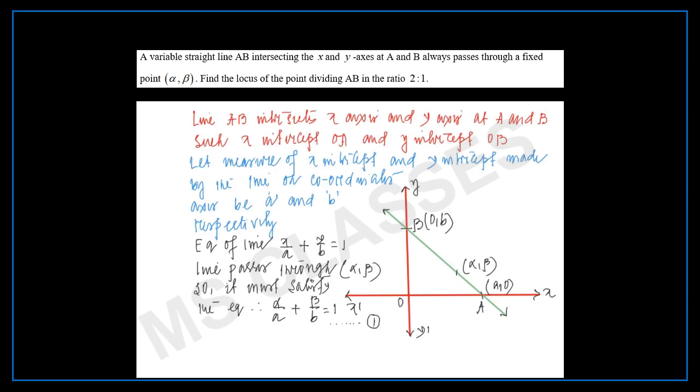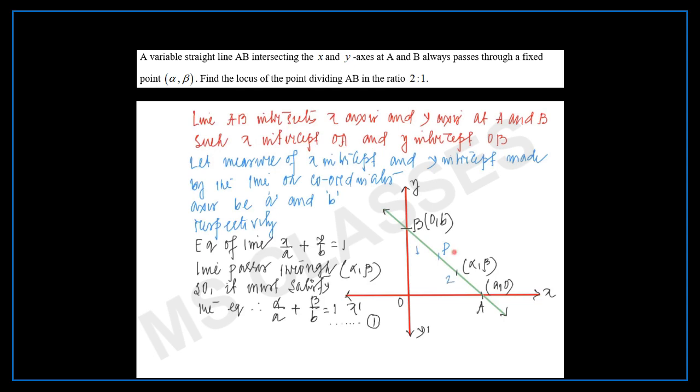Now what is our requirement? Our requirement is to find the locus of a point P which is dividing the line segment AB in the ratio 2:1. So that means AP will be 2 units and BP will be 1 unit.